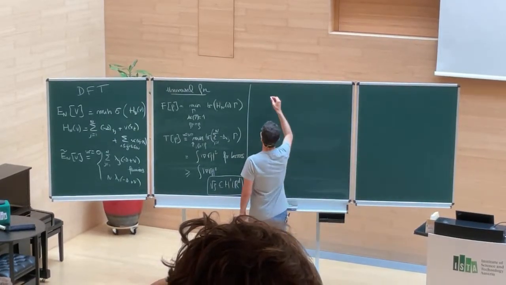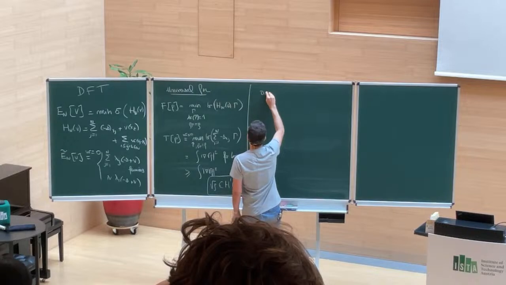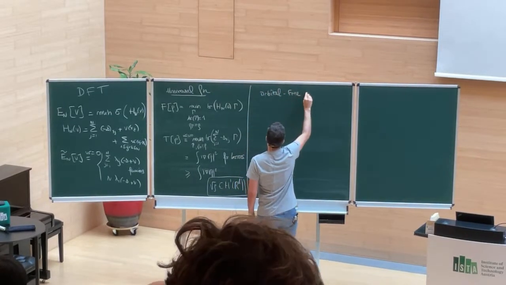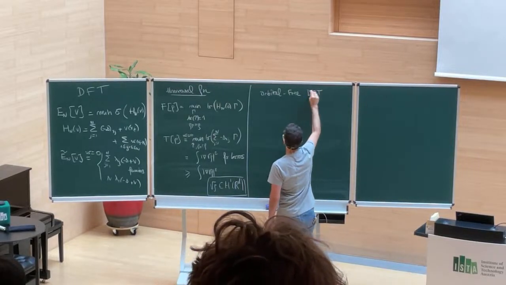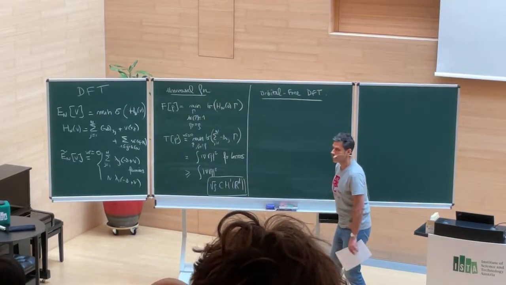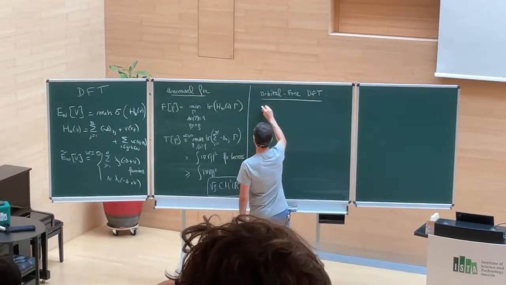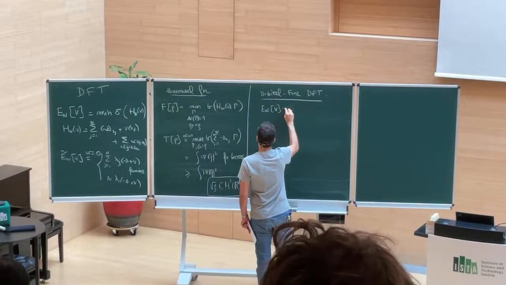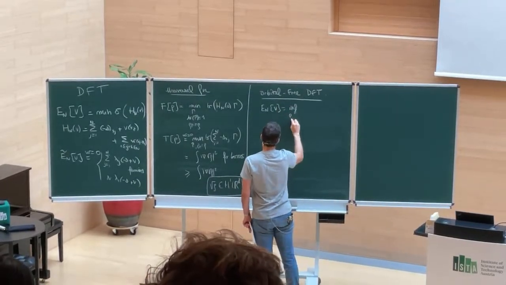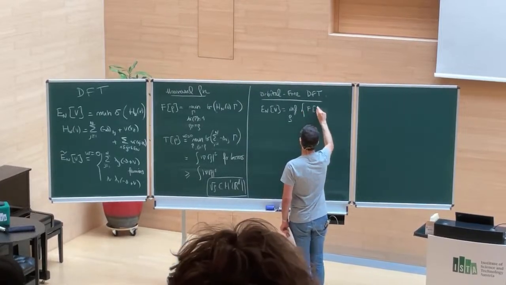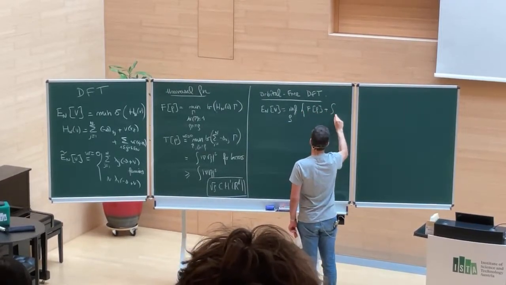And there are really two ways. So there is orbital free DFT. So orbital free DFT is just writing that E_N(V) is the infimum over ρ, okay, of F of ρ plus ∫ρV.